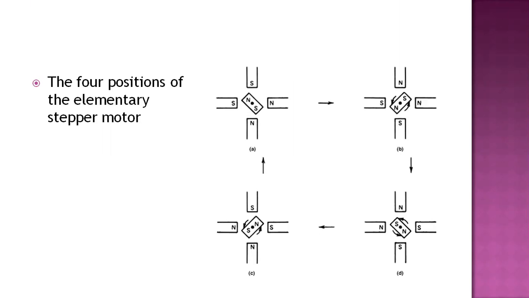The next pulse will change S2 from C to D, resulting in the poles of that electromagnet reversing fields. Now, because the poles' north-south orientation is different, the rotor is repelled and attracted so that it moves to the new position of equilibrium, which is shown in figure B. Similarly, you can find the next rotations.